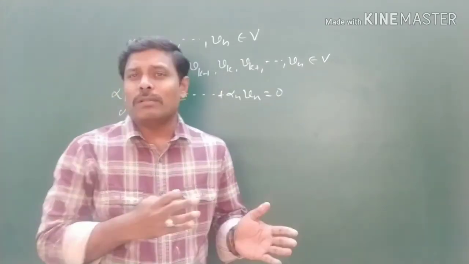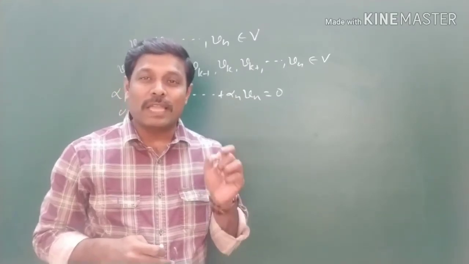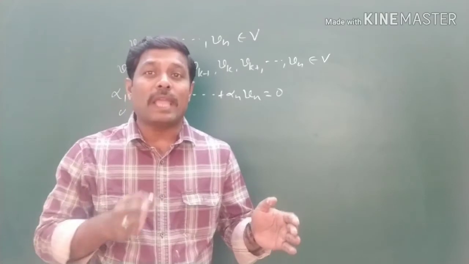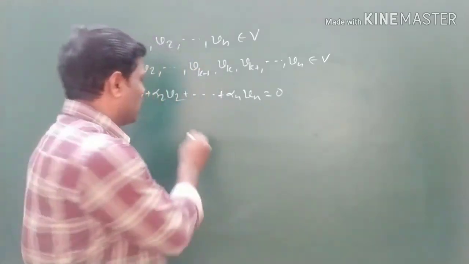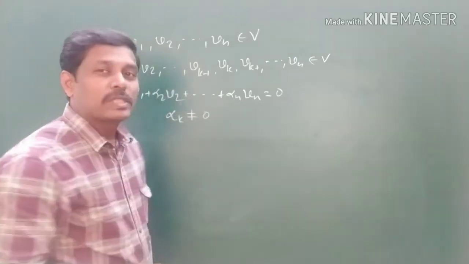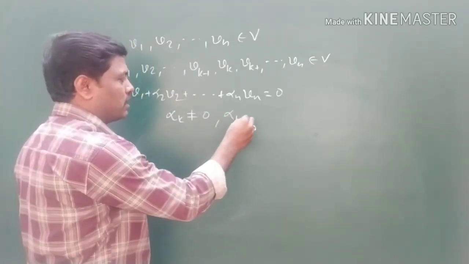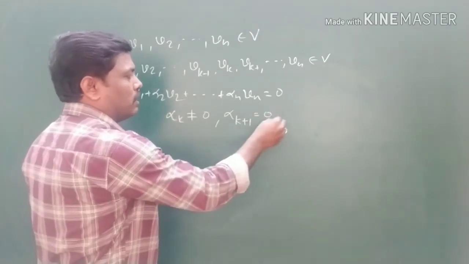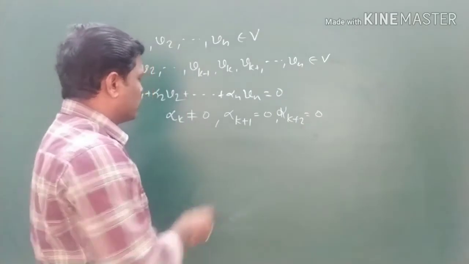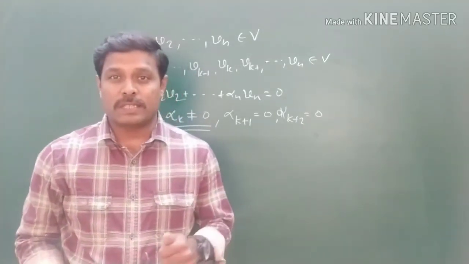Since all scalars are not equal to 0, we can find a greatest integer k between 1 and n such that alpha k is a non-zero scalar and all other scalars greater than this are equal to 0. So there exists this type of scalar for the greatest k.